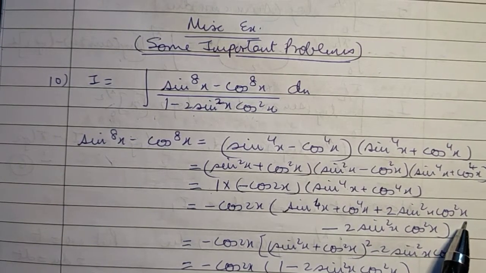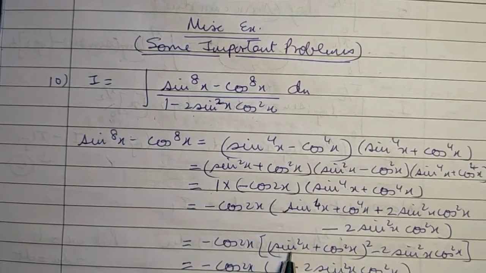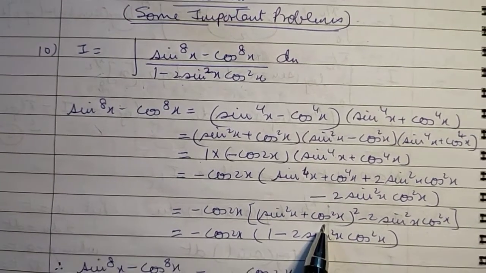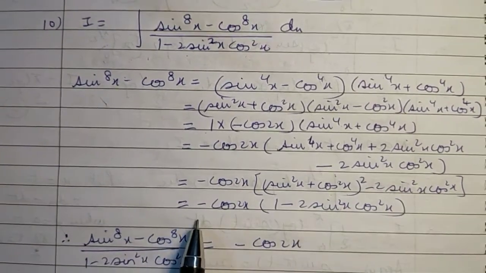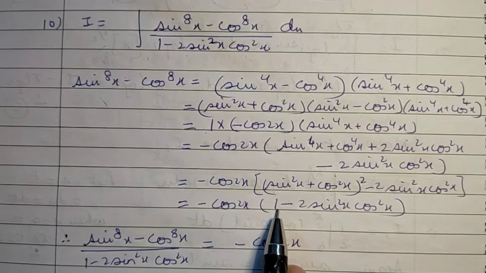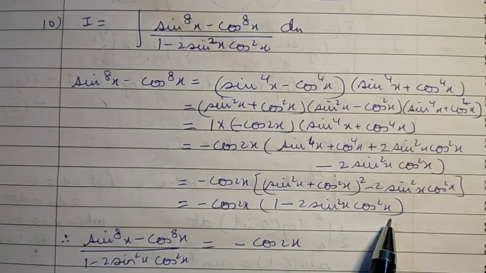Since we have added this term, we have to also subtract this term. Now these first three terms together form (sin squared x plus cos squared x) whole squared, and this term gets carried down as it is. So ultimately we get minus cos 2x times (1 minus 2 sin squared x cos squared x).